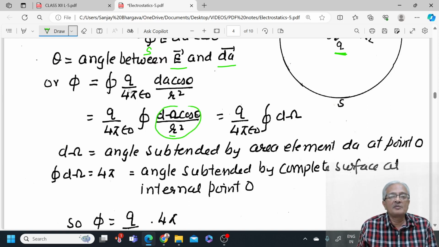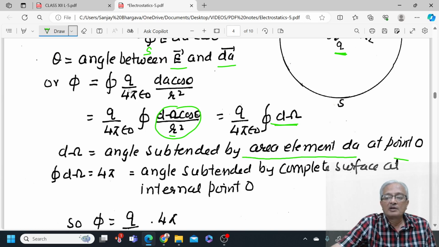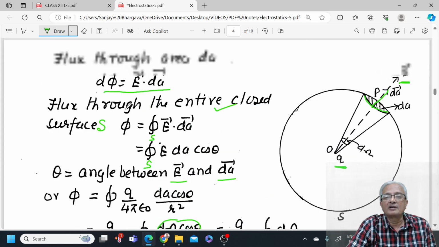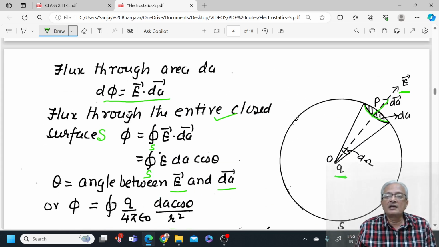And what does that represent? It represents the solid angle d omega, the angle which is subtended by the area element dA at the point O. This is what is shown in the figure here. This is area here dA. It is subtending some angle at the center, and therefore this angle would be called as the solid angle.